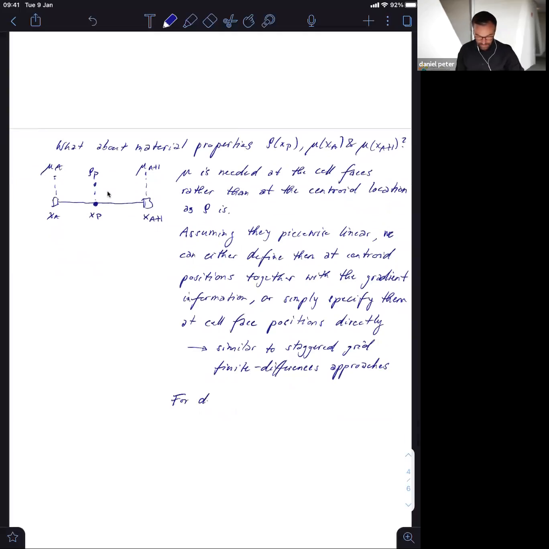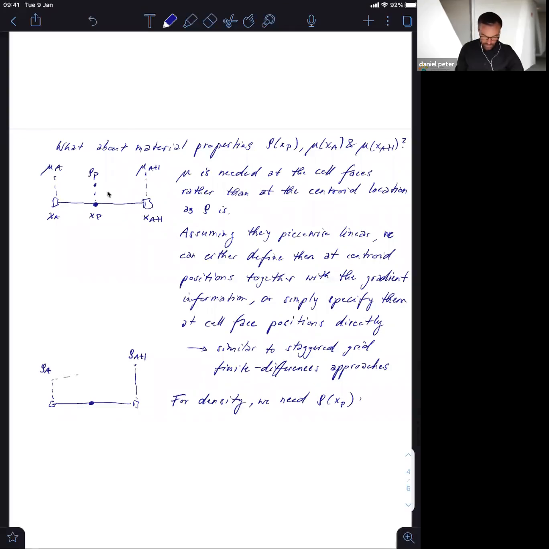Well, for density, we do need density at the centroid position, xp. So if we have density given at the cell faces, we still have to figure out what the value would be at the centroid position. Let's say we have rho at A and A plus 1.